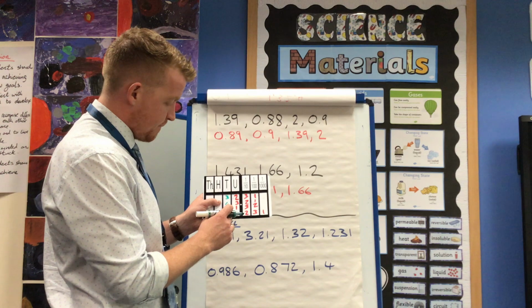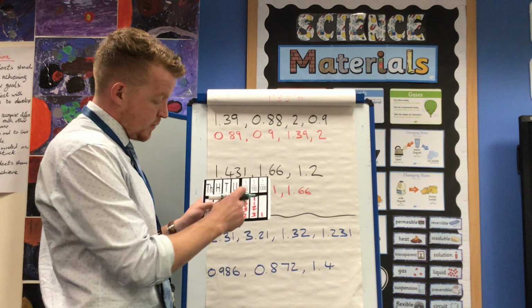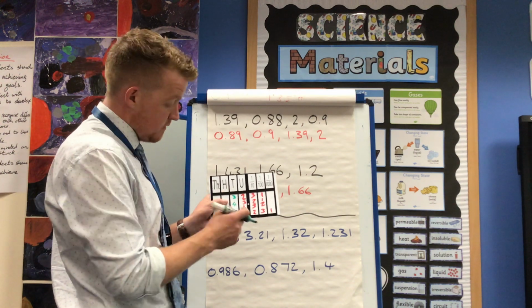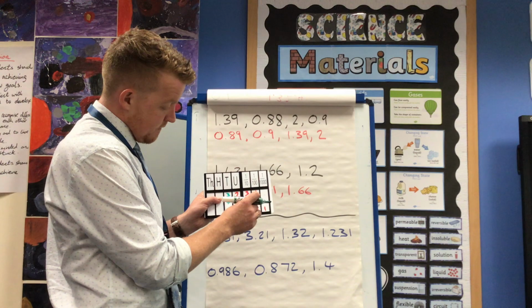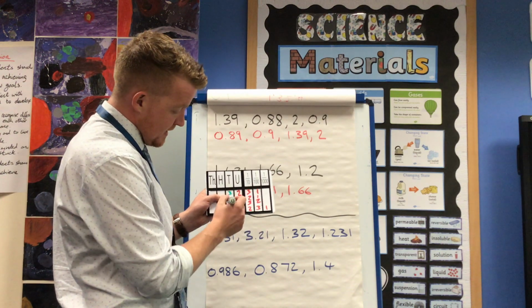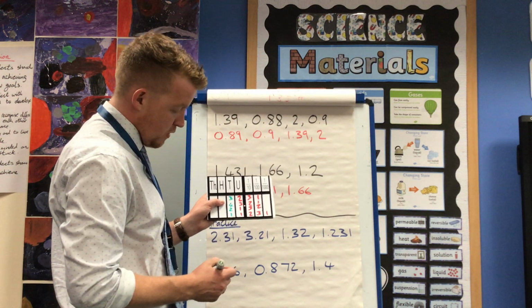Then we look here. 1 and 1, they're the same. We don't know which is smaller. We go into our tenths column. Remember, we can forget about these top 2 numbers. They've already been ordered. We look here. We have 2 tenths or 3 tenths. Which is a bigger number? Well, the 3 tenths is bigger. Hence why this is my smallest number.